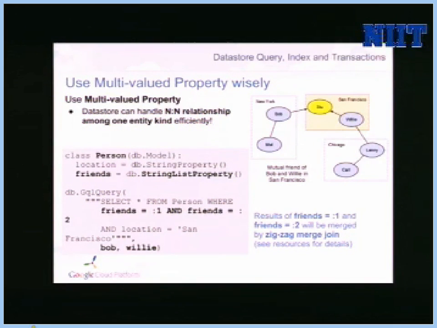Select from person where friends equals Bob and friends equals Willie, and location equals San Francisco, for example. This query can be executed by using a single property index. You don't have to prepare a composite index for this query because the datastore will be merging and joining the results from the two different queries into one.